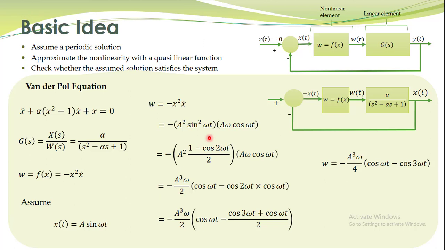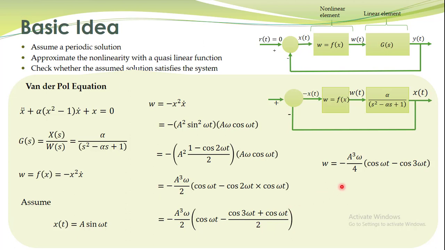And then this w of t, by some additions, this term outside, we have also brought this 2 outside this bracket. So here we have 2 cosine omega t minus this cosine omega t. We have 1 multiplied by cosine omega t written over here, and then this minus cosine 3 omega t.